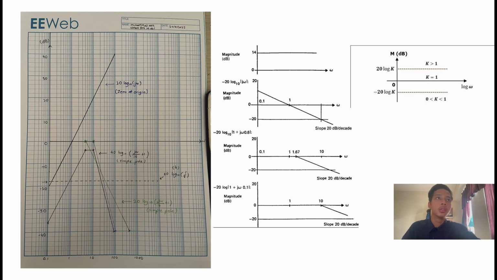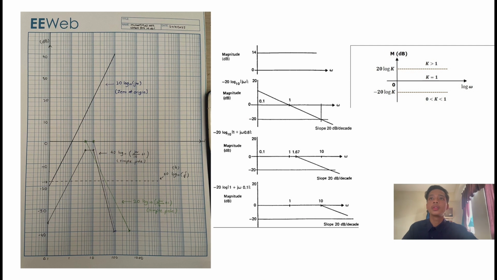This zero at origin, 20 log jω, this line, negative 20, and up to straight line. We must cross 1 in the dB per decade.